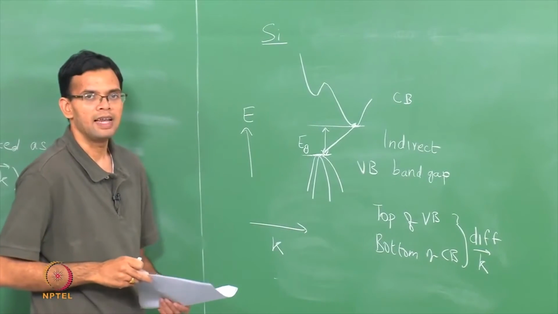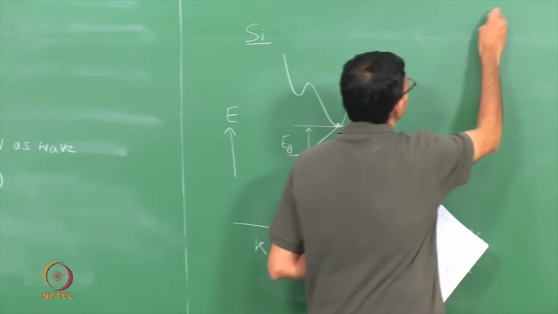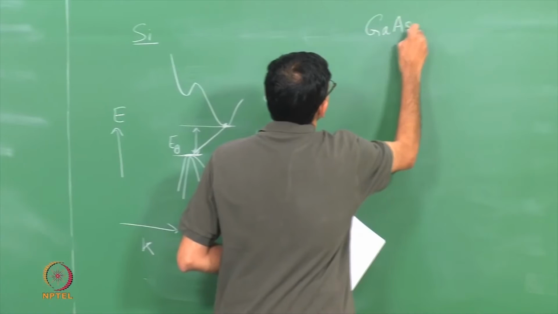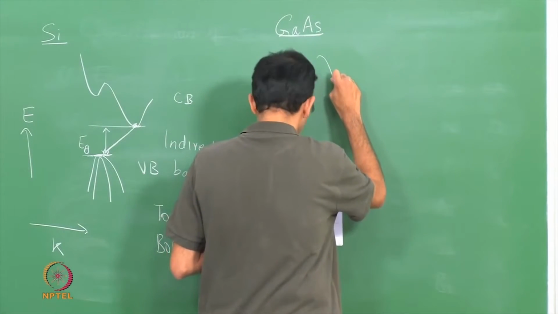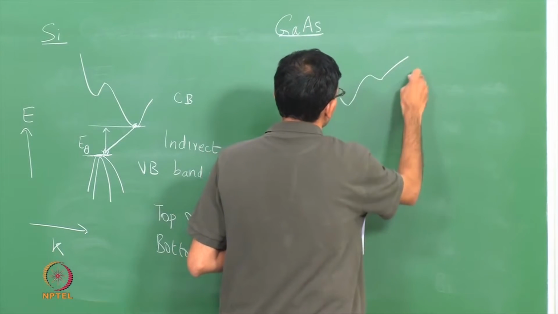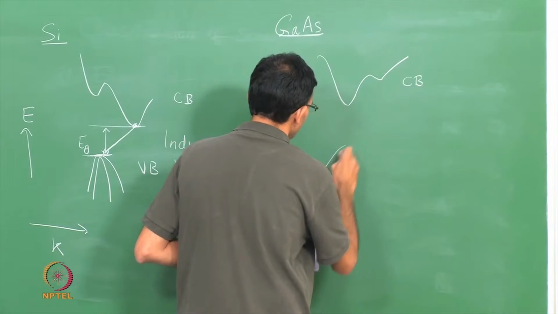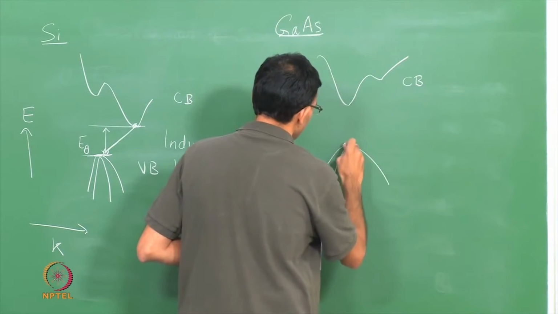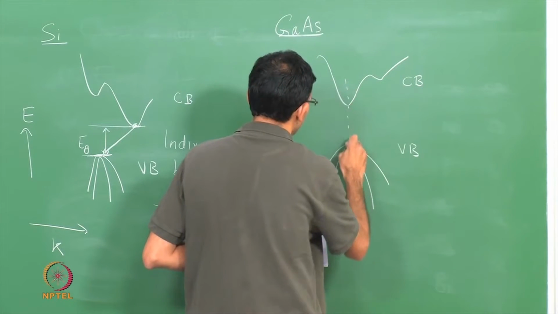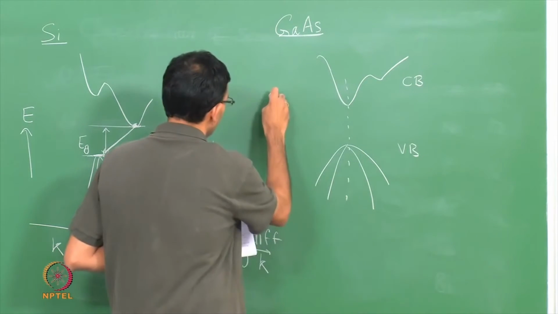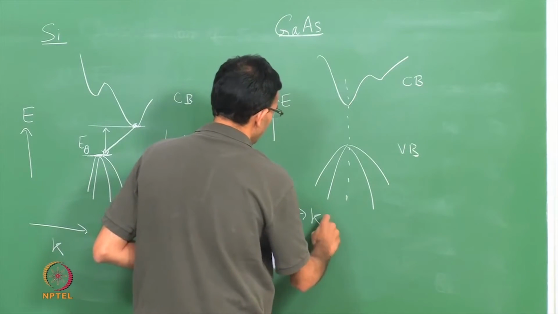Let us look at gallium arsenide, which is a direct band gap semiconductor. So, once again, this is the conduction band, this is the valence band, this is E, this is k.